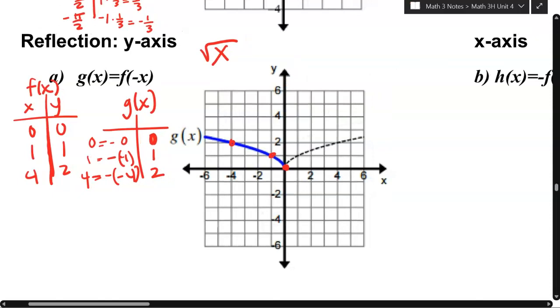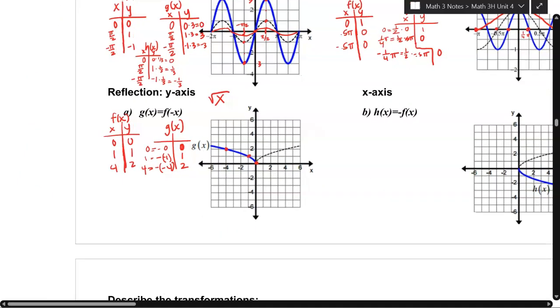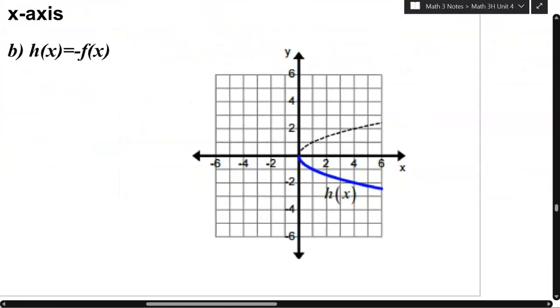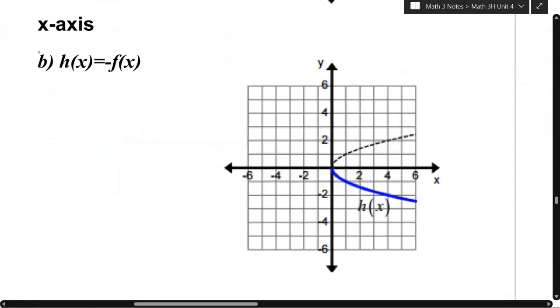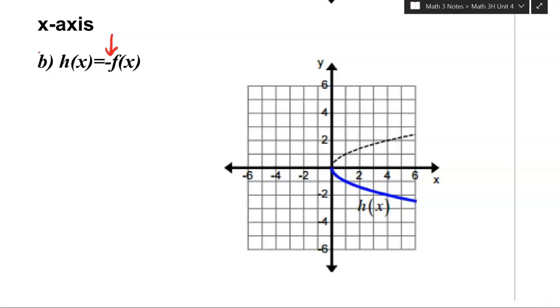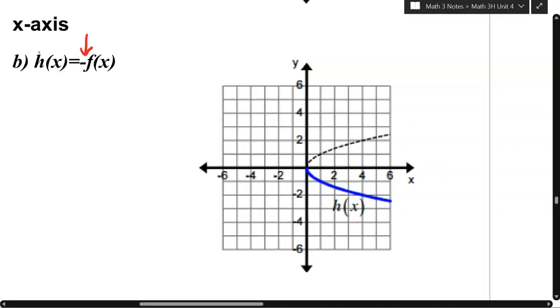All right. Let's look at a reflection on the x-axis. So that means the negative is on the outside, and it's going to affect our y values. So still looking at square root of x.